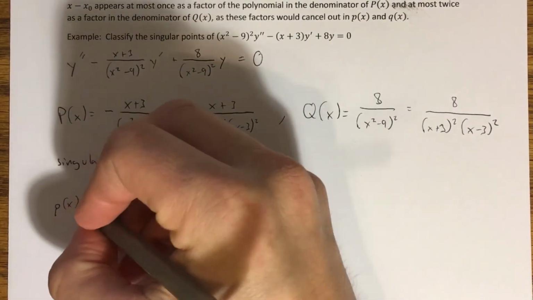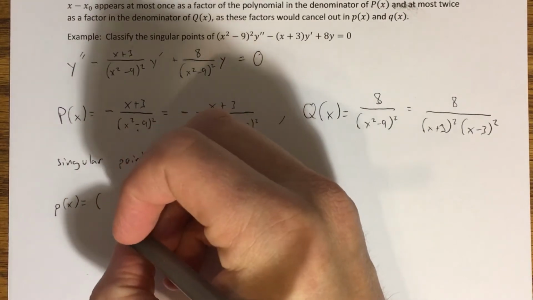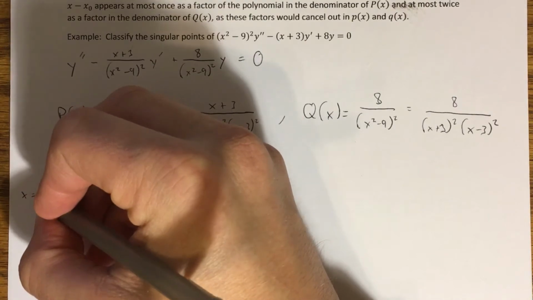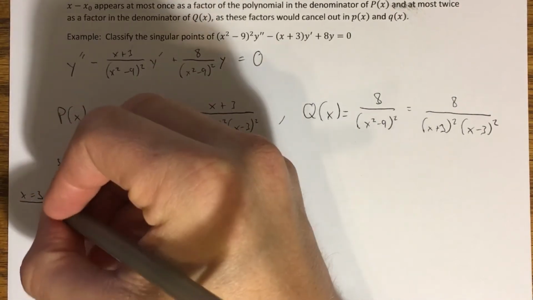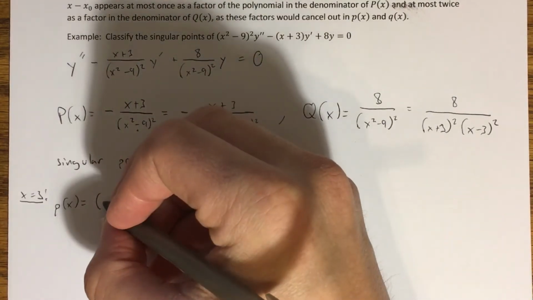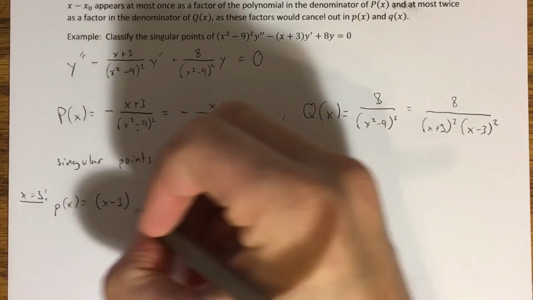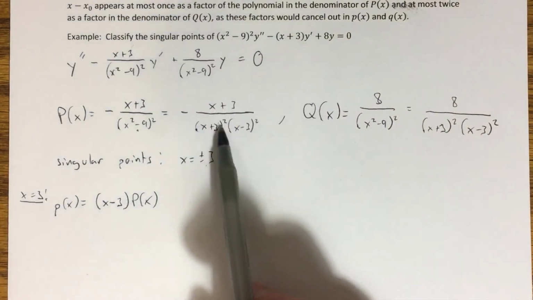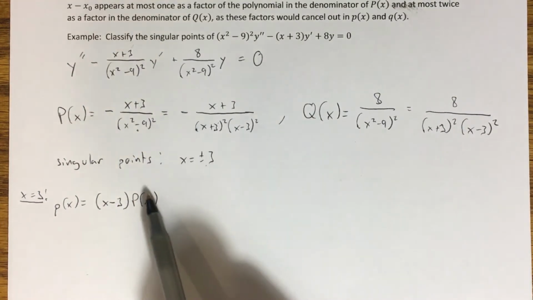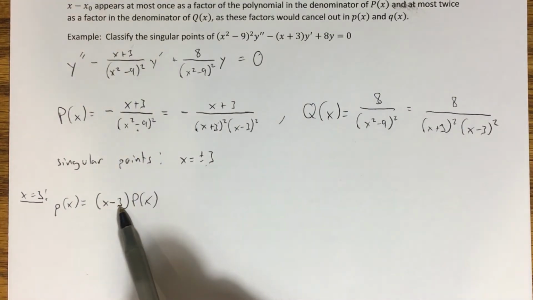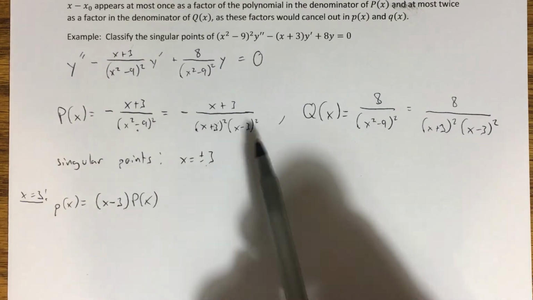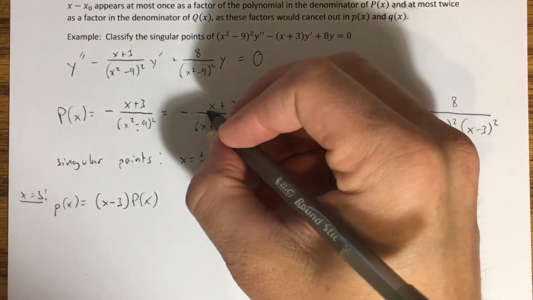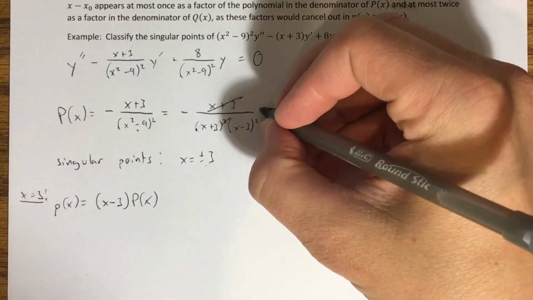Little p of x is defined to be equal, let's start by looking at the singular point x equals positive 3. Okay, so this would be x minus 3 times p of x. Now here's my p of x right here. So that x minus 3 is going to cancel with, oh, actually, let's do this too. I should do some cancellation here.